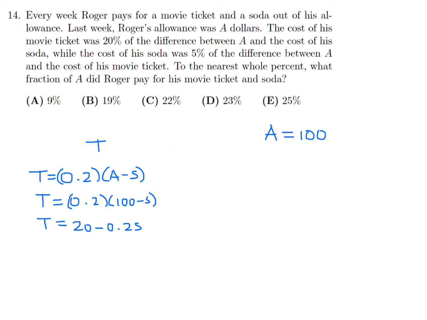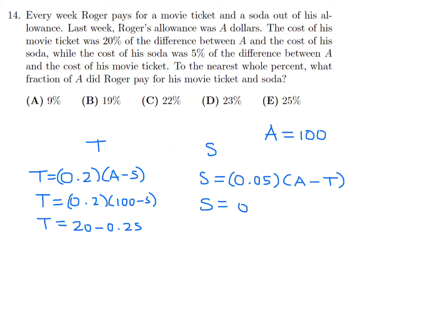Now we have S, which is the soda, and that is equal to 5%, so 0.05 times his allowance minus the cost of the ticket.